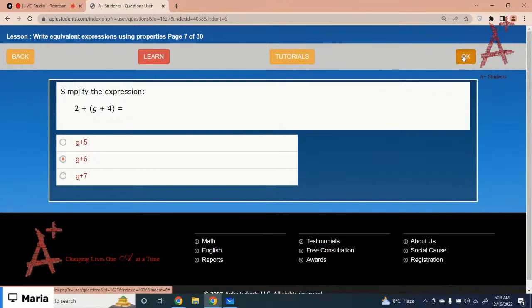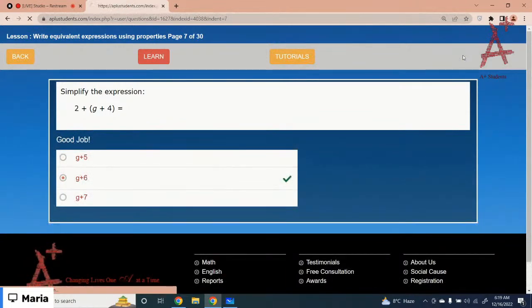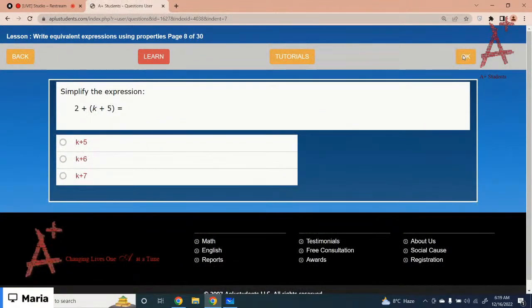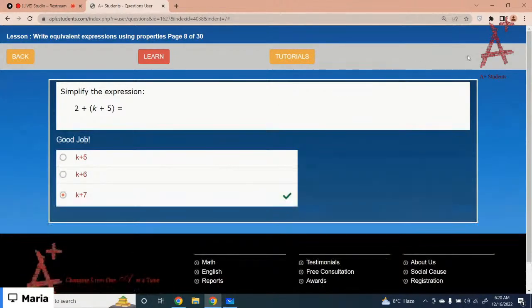Got it? 2 plus k plus 5 equals, it would be k plus 7. Very good. Just select the correct option, then click on the OK button.